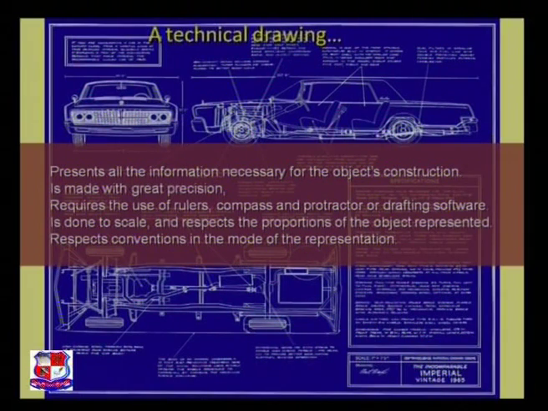It is done to scale. The technical drawing is done to scale and it respects the proportion of the object represented. It respects all the conventions in the mode of the representation.